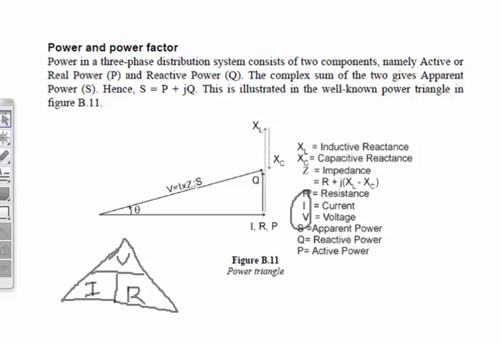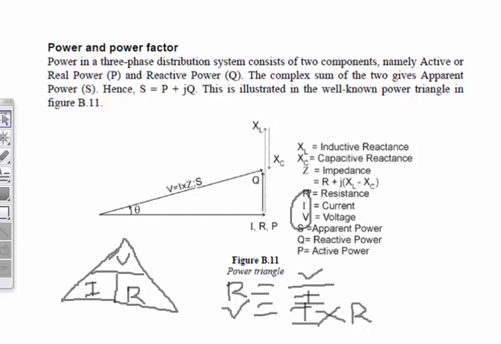So V equals I times R. If you want R, it will be R equals V divided by I. The same with I: that will be V divided by R. Those are the three: resistance, current, and voltage.